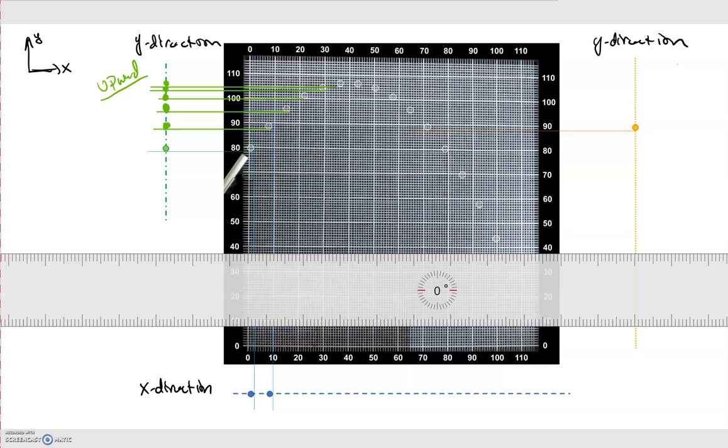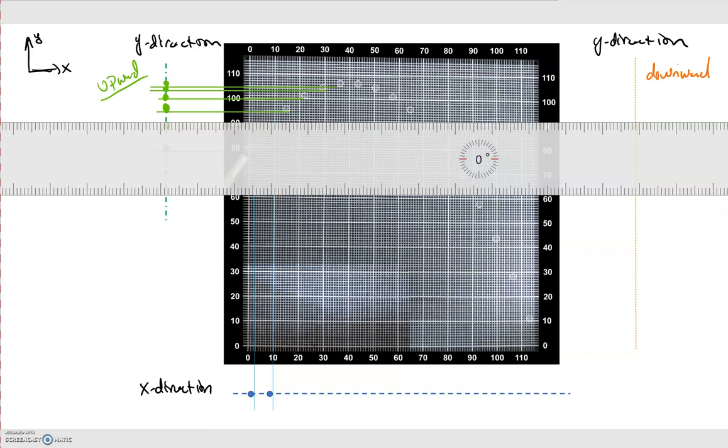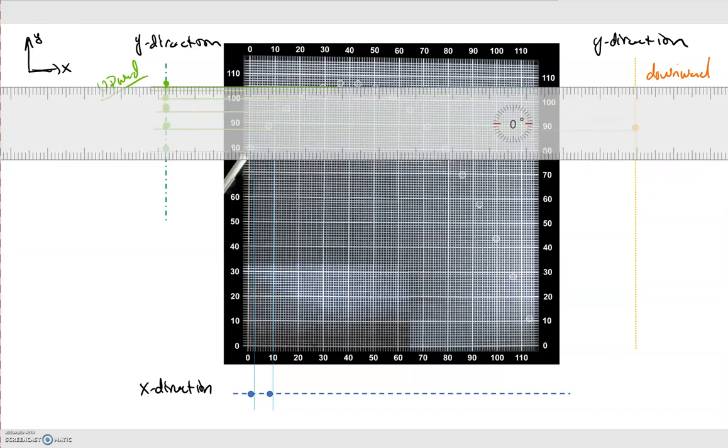And so once you've got the motion diagram for the upward direction filled in, we're going to move over and analyze the downward Y direction. And so that will be to the right of the grid. And we're going to repeat the same process.